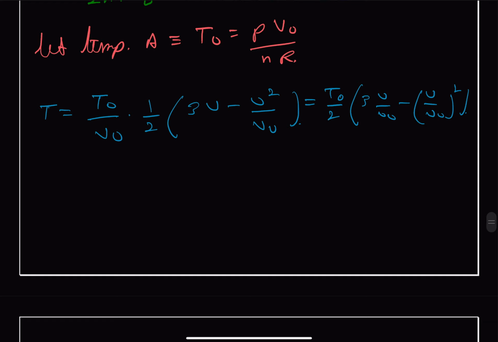And let us assume that V upon V naught is equal to x. Therefore, T is equal to T naught times 3x minus x square upon 2.